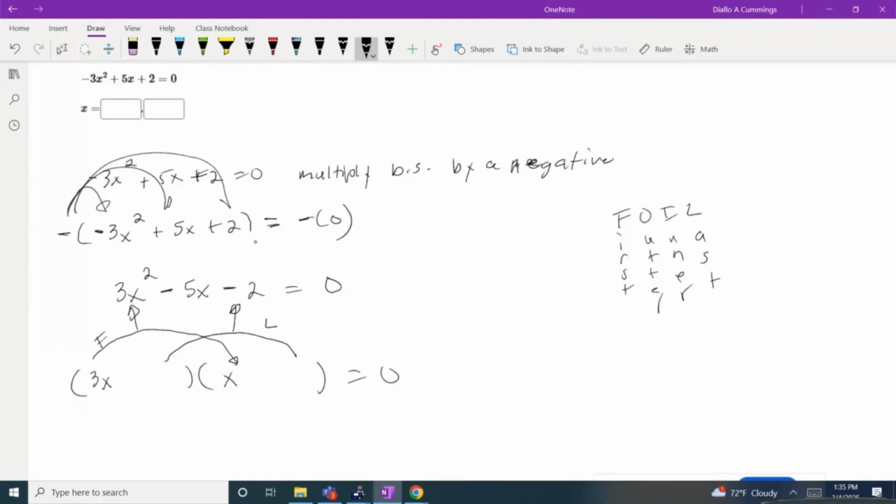So I'm going to put -1 and I'm going to put +2. So the first term's 3x times x is 3x squared. For my last terms, -1 times a +2 is a -2.